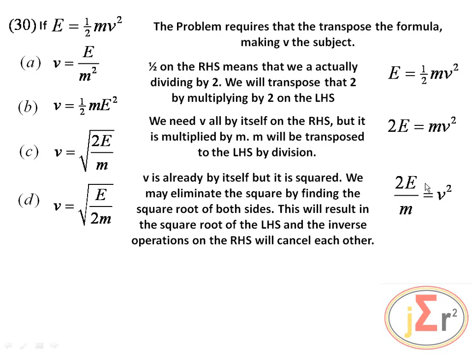So we will find the square root of V squared, and we'll find the square root of 2E over M. The square root and the square will have a cancelling effect on each other. They are inverse operations, so they will have the effect of cancelling each other, and V will be left on the right hand side. The square root of 2E over M will remain on the left hand side, as we have it right there.